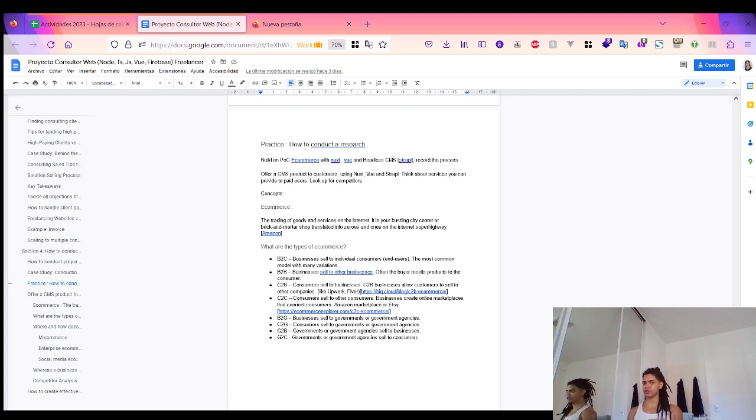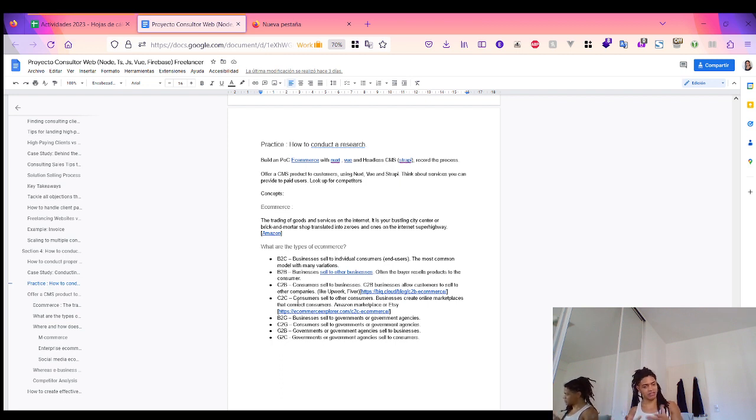Shopify mentioned that whether e-business refers to all aspects of operating an online business, e-commerce specifically refers to the transaction of goods and services on the internet. So that's what e-commerce is. It refers specifically to the transactions of goods and services, according to Shopify and Amazon.